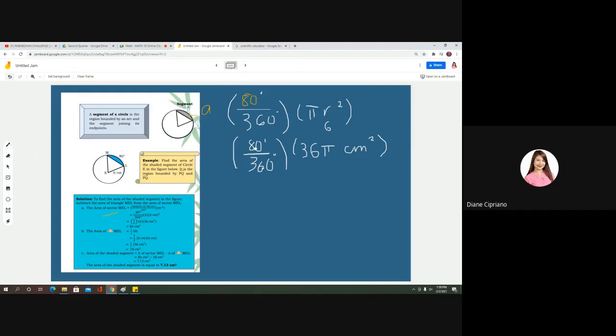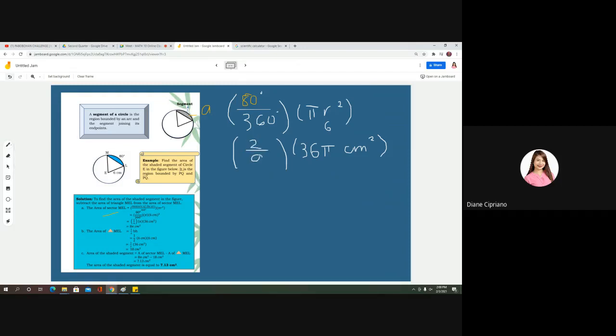Dividing 80 and 360 by 40, we will get 2 over 9. Ayan, by 40. So, 80 divided by 40 is 2. 360 divided by 40 is 9.